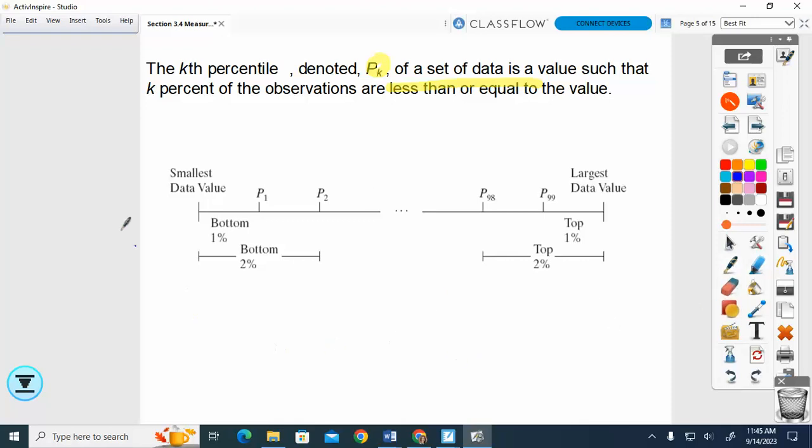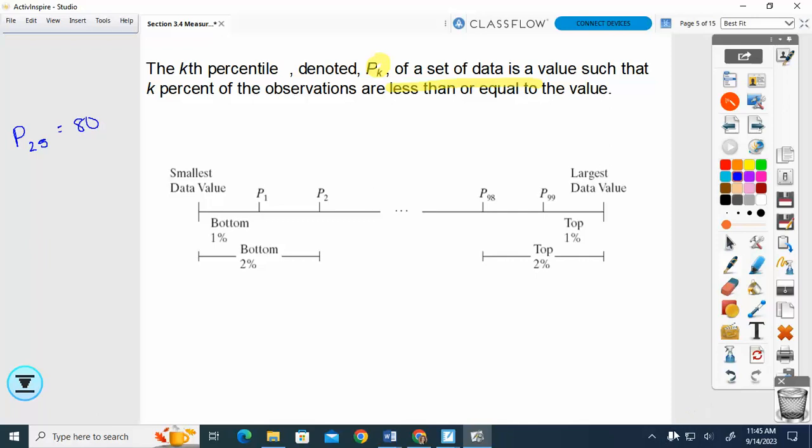Okay, so if I gave a test and I said, all right, the 25th percentile was an 80%. What does that mean? 25% of people had a score less than or equal to 80. So 75% got above an 80 there.